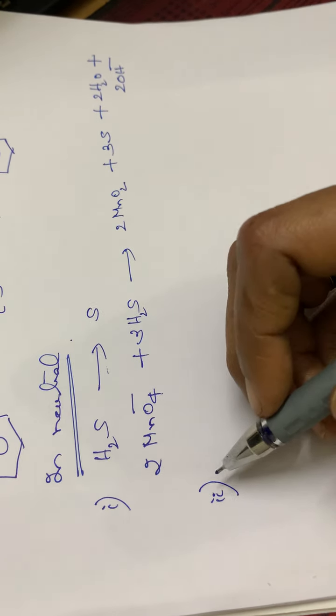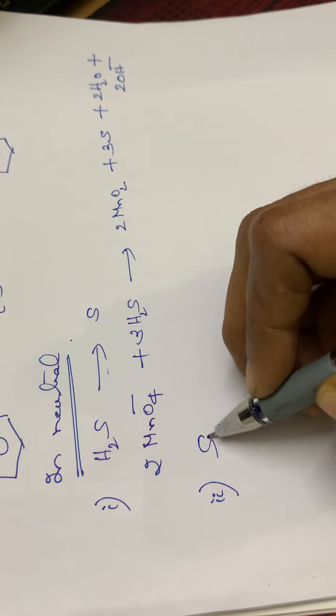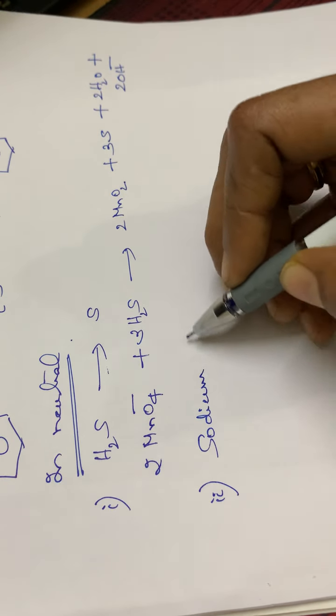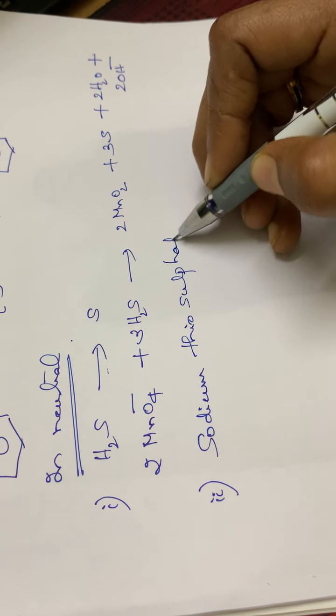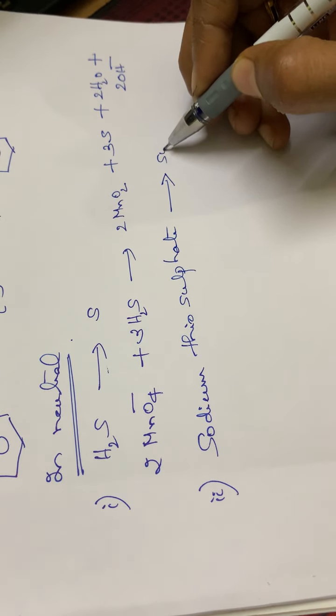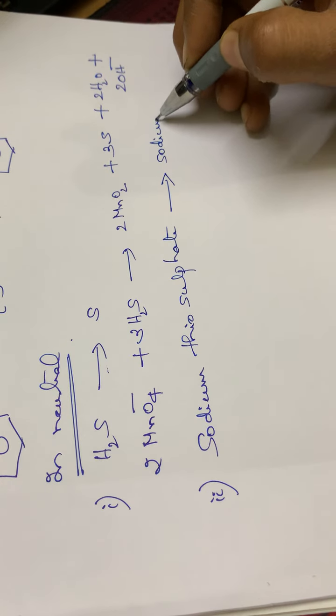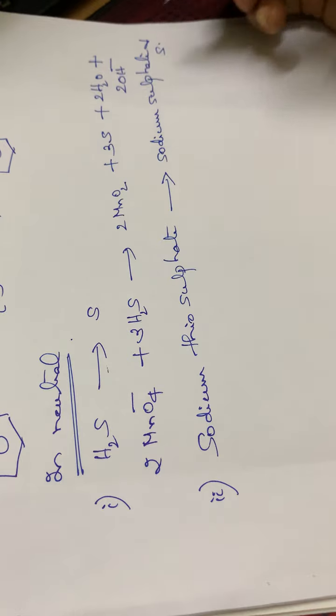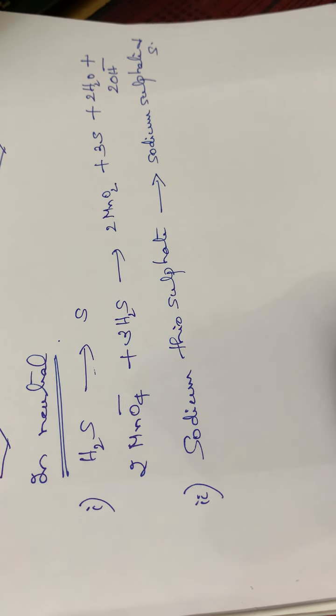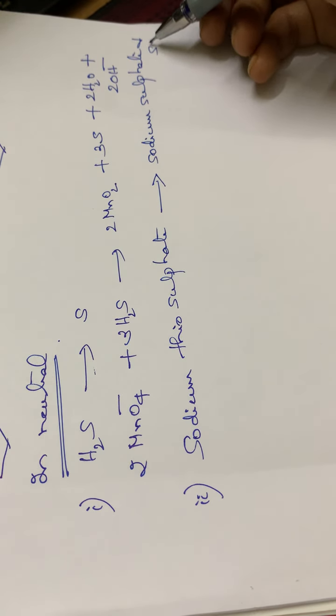Then the second reaction, sodium thiosulfate, that is Na2S2O3. Sodium thiosulfate is oxidized to sodium sulfate and sulfur.